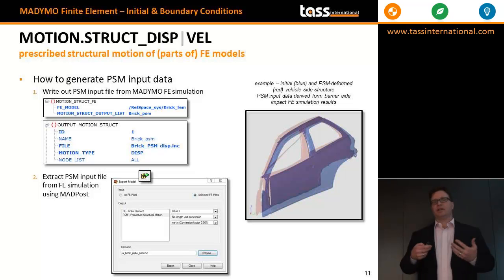This way, simulations, for example in side impact, where the motion of the door or the entire side of the car is important and interacts with the occupant, can be done. Similarly, prescribed structural motion can be used to study the effect of footwell deformation on the occupant in frontal collisions.